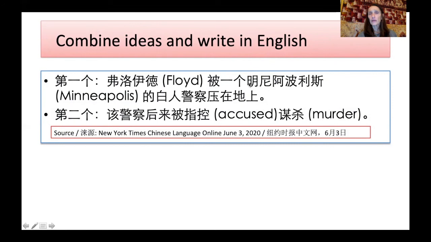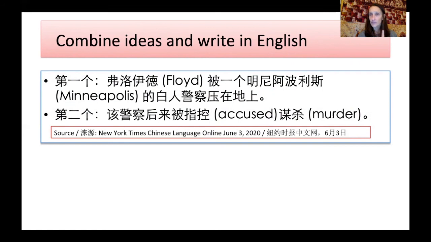被一个 Minneapolis. This is the word Minneapolis. That's a city. So this is a person's name, and this is a city, Minneapolis. And maybe you've heard about this on the news lately. Okay. So Floyd by 被一个 Minneapolis 的白人警察压在地上.